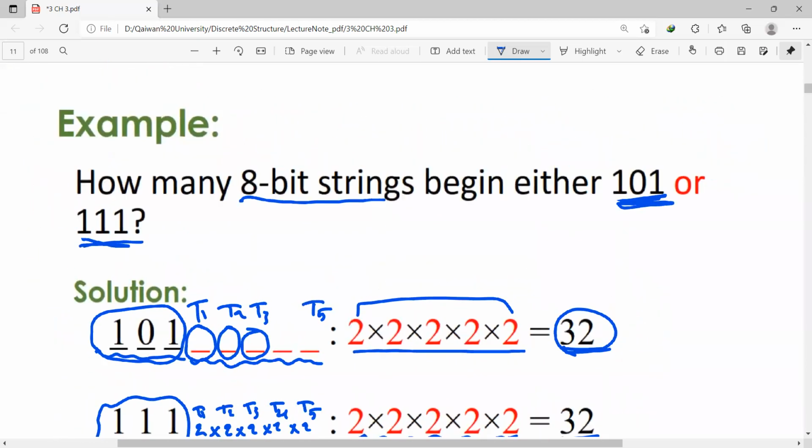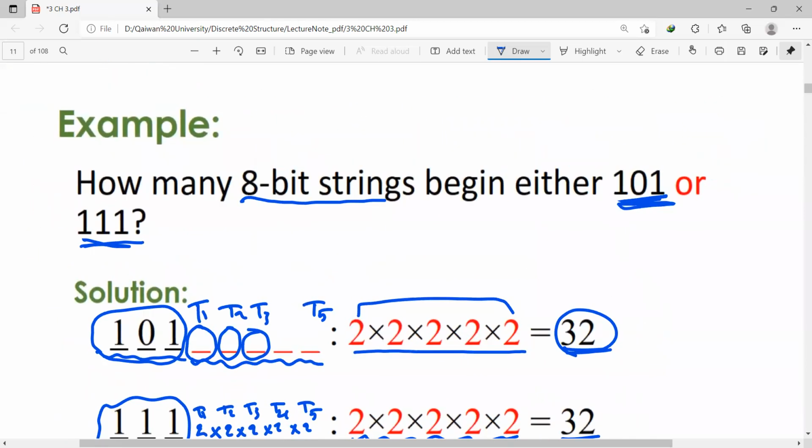But in the question, it says, how many 8-bit strings begin with either this or that? That means we are going to find the sum of both. Here we have 2 different tasks. The first one starts with 101, and the second one starts with triple ones.